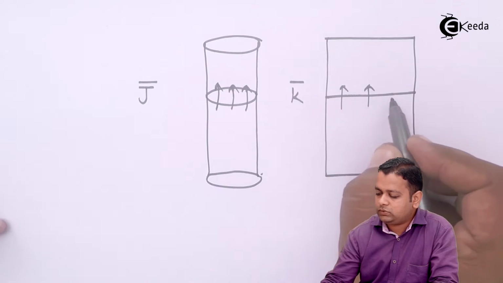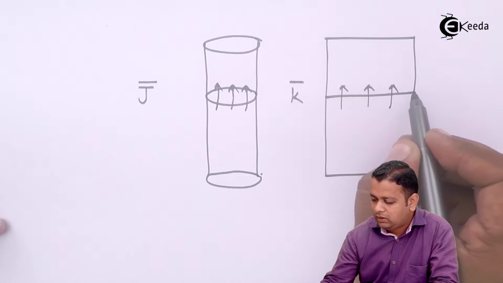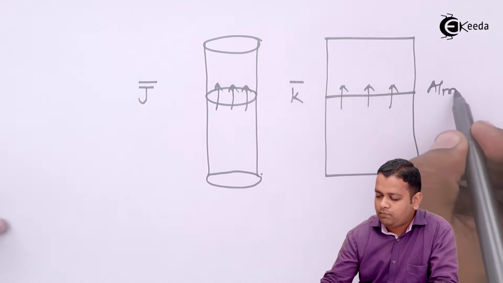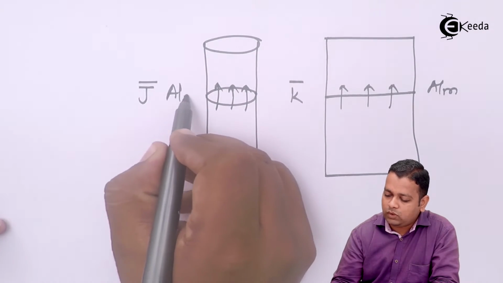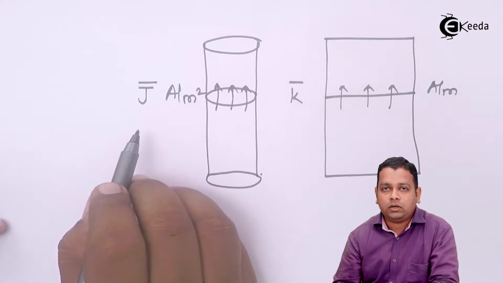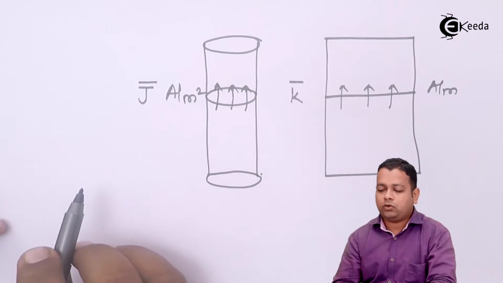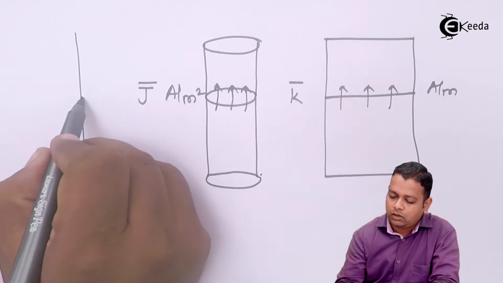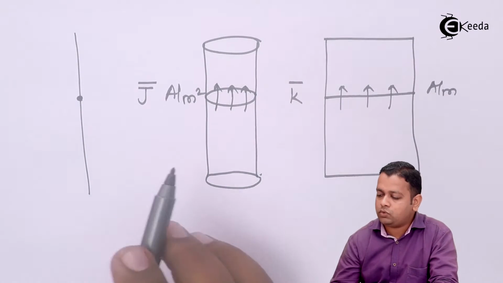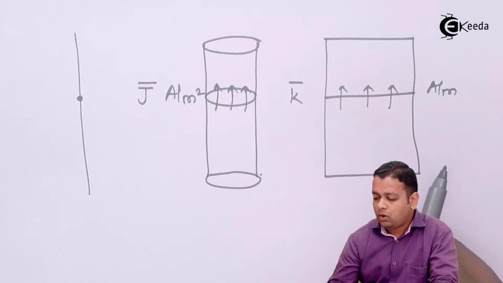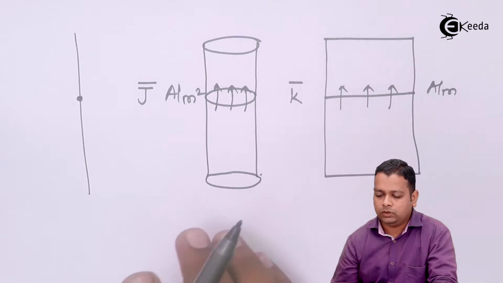So this is with respect to the cross sectional length. So it was in terms of ampere per meter, whereas J bar current density was in terms of ampere per meter square. So practically talking, filamentary current we cannot have. We cannot have any conductor having only surface area, not the volume.